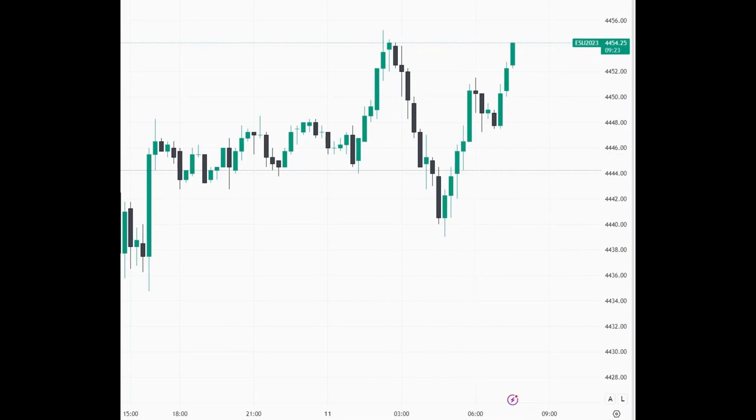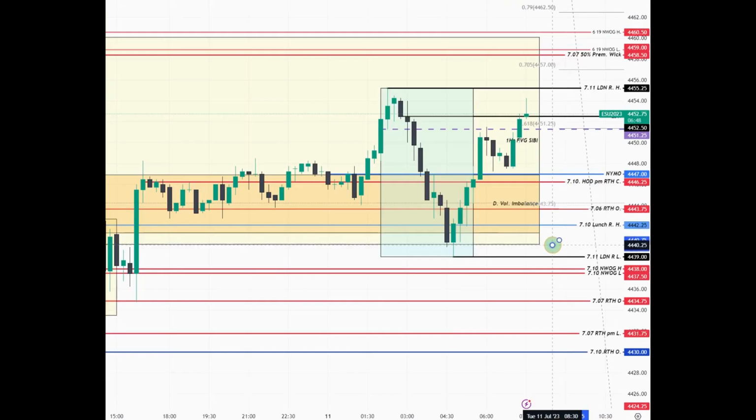Let's go and look at the levels. 15-minute now with all the annotations. You can see that there's a lot of stuff on this chart, but here's the blue zone on this rectangle. That is the London kill zone. Look how it didn't go all the way down to the new week open gap on July 10th.